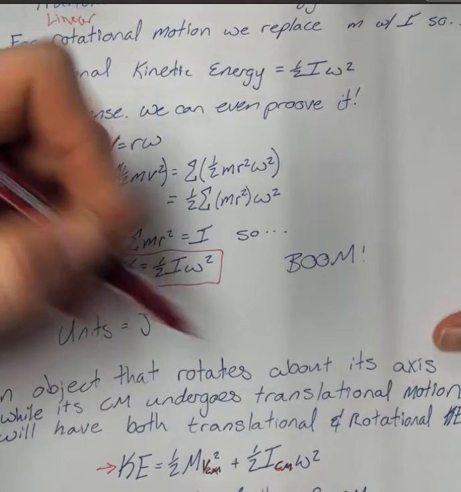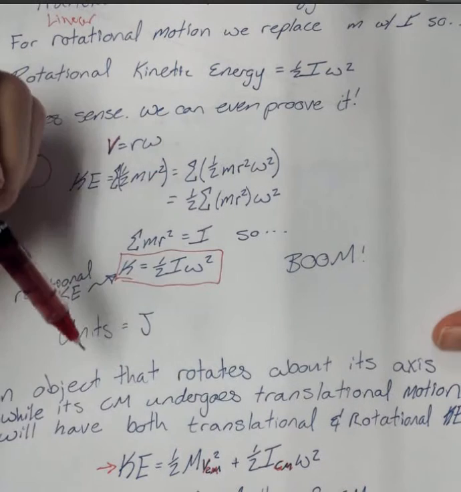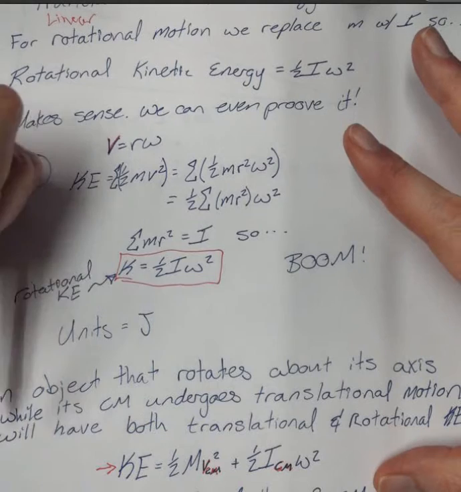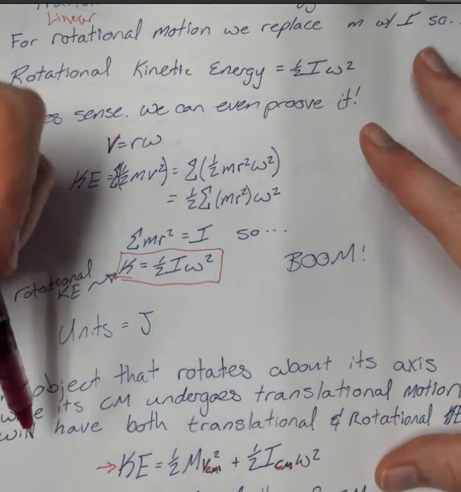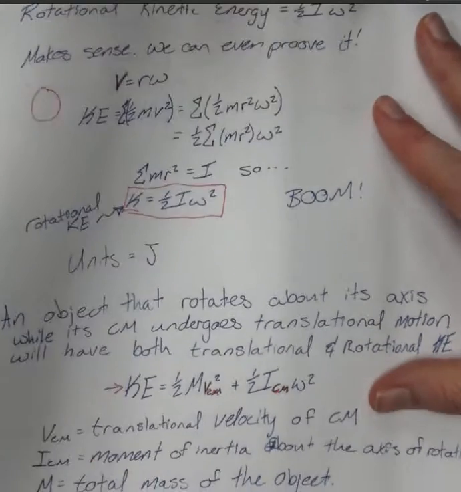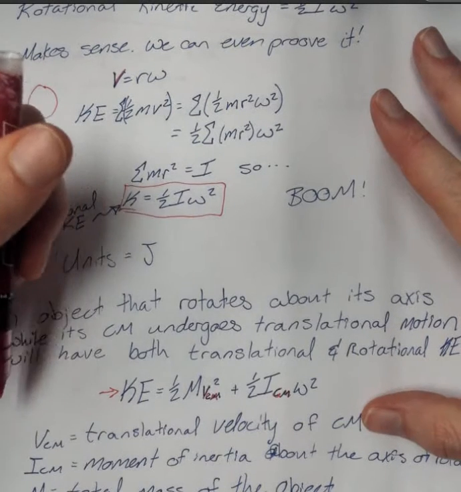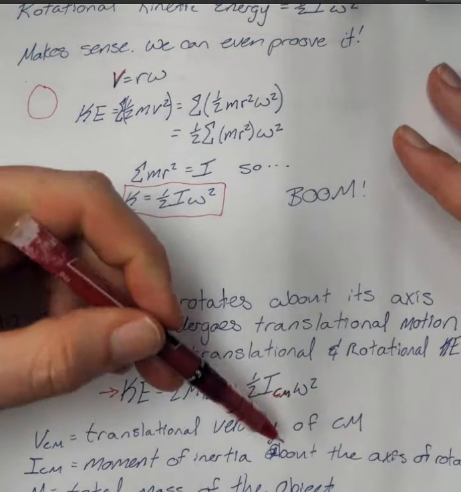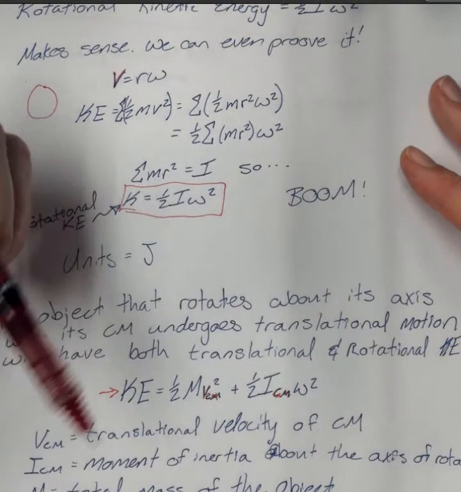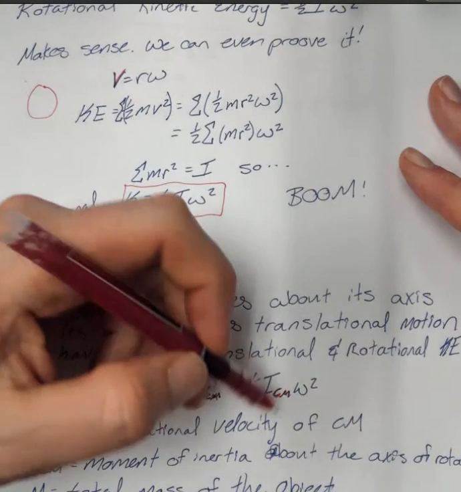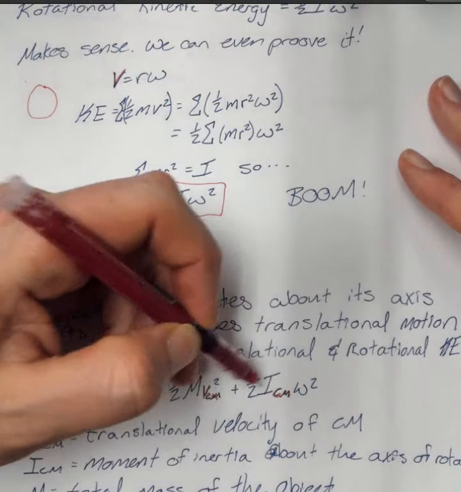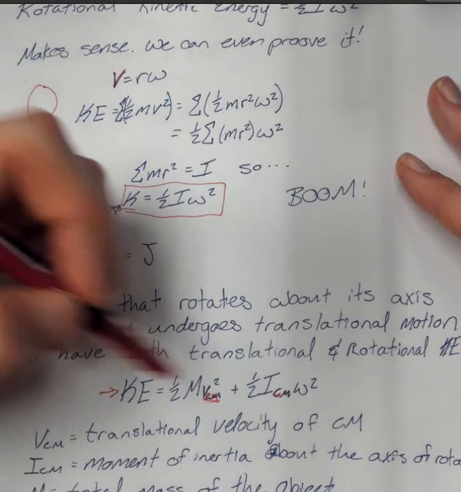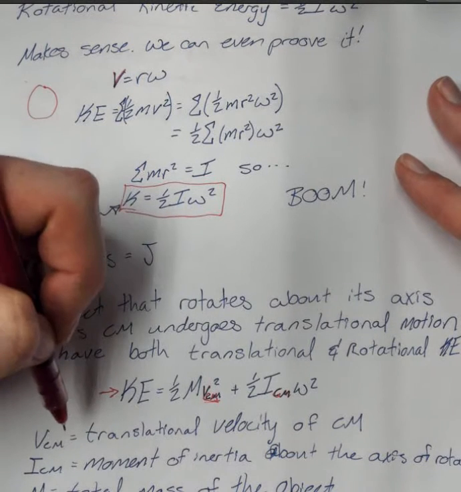Here, v cm is the translational velocity of the center of mass, because we can reduce all linear motion so that it's the equivalent of it happening at the center of mass. And I cm is the moment of inertia about the axis of rotation. So wherever it's rotating is going to be this same place here, and so we want to find the moment of inertia around that axis of rotation.